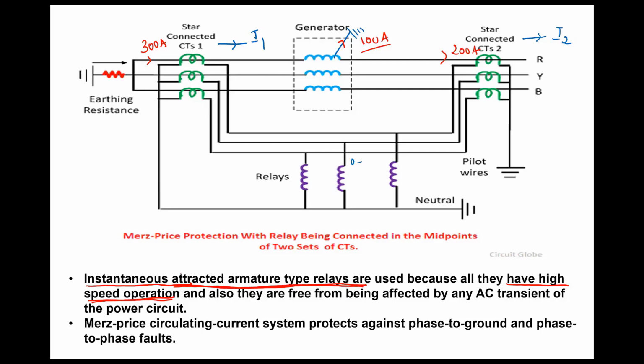Also, they are free from being affected by the AC transients of the power circuit. Since the attracted armature construction has the highest speed, and moreover is free from the AC transients, considering the severity of short circuit faults in the generator windings, we implement such a construction for this differential current protection.